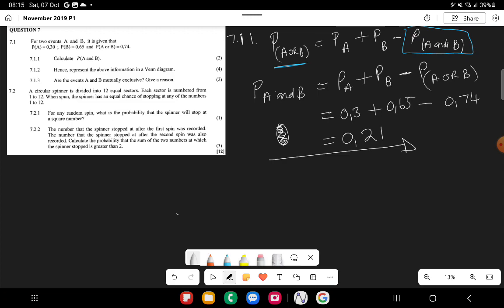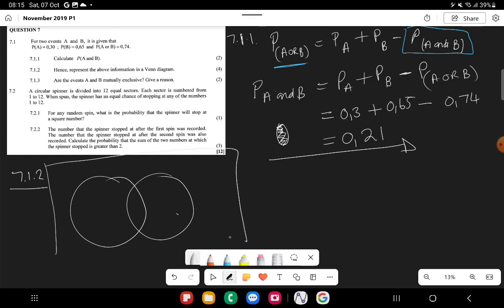All right. Next question, sketch your Venn diagram, 7.1.2. So I've got two circles in a rectangle. This is A and this is B. The probability of A and B is going to be 0,21. That goes in the center. So what goes into A and what goes into B?